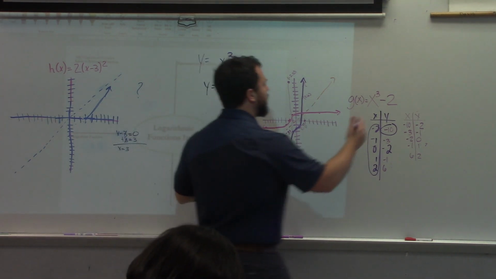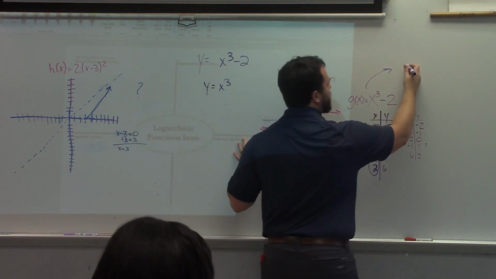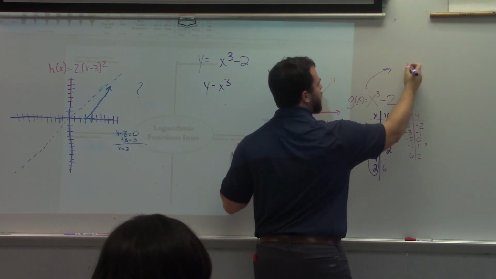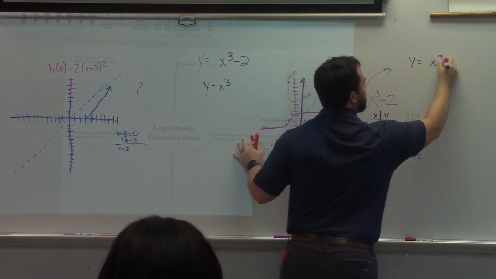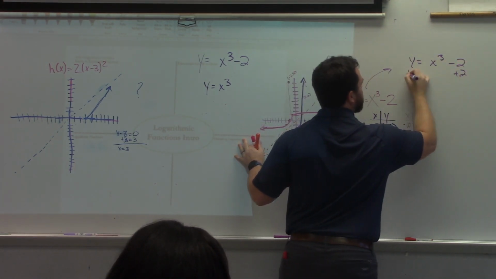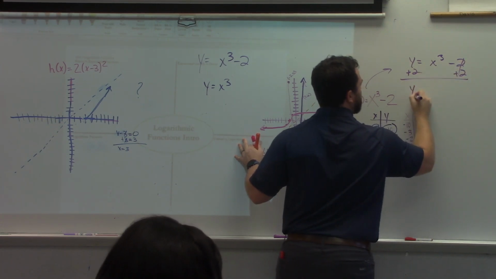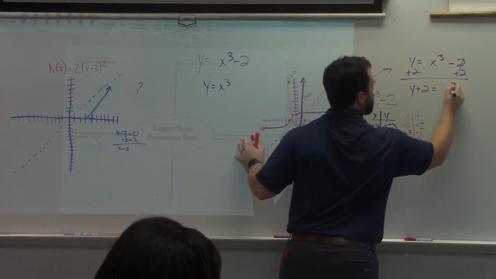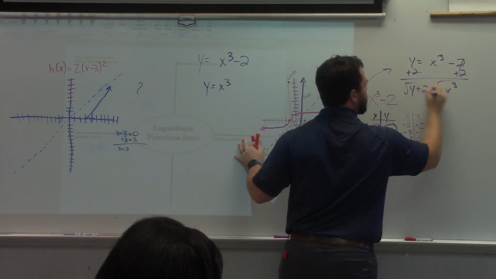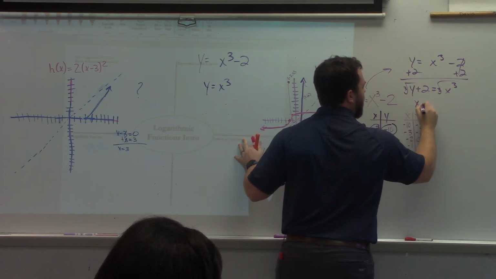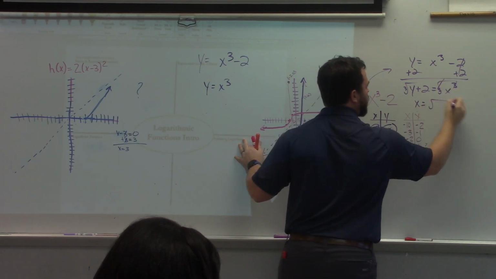So notice, if I were to get my inverse equation, which I guess would have been a good thing to do on this one, it's cube root, not square root. I get x equals the cube root of y plus 2.